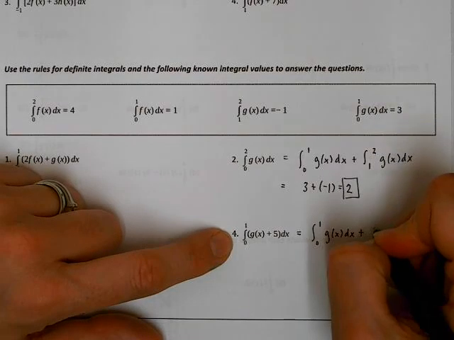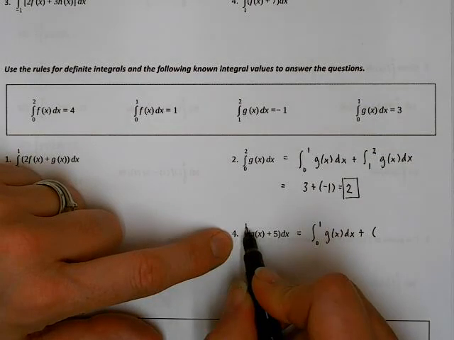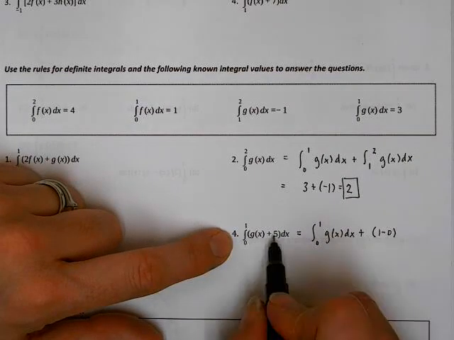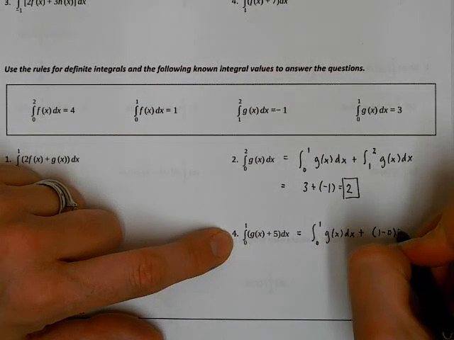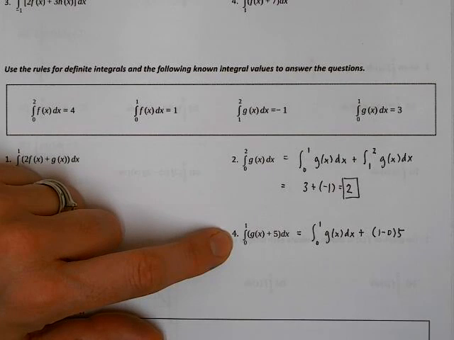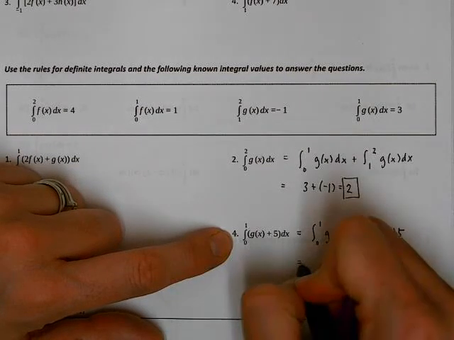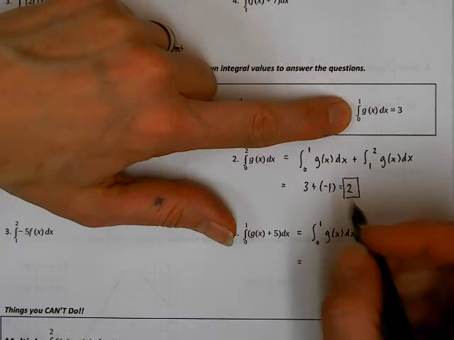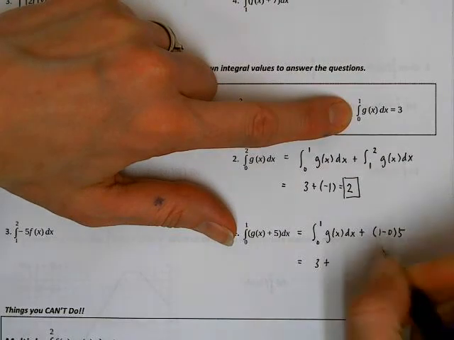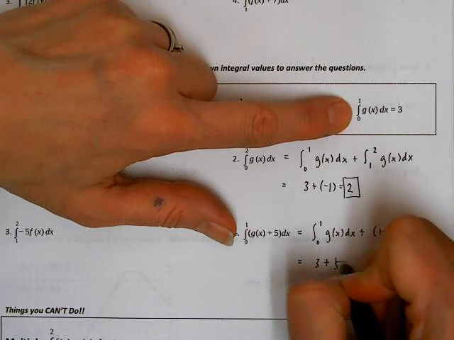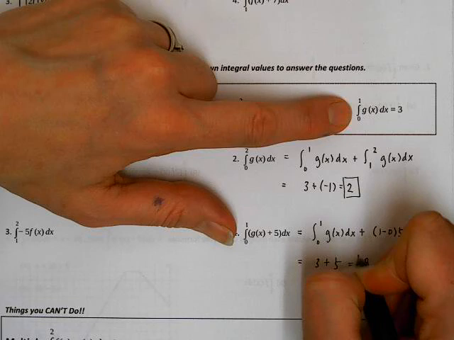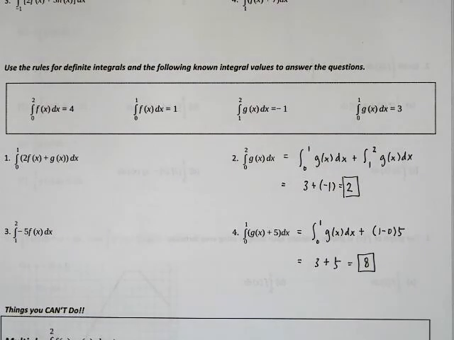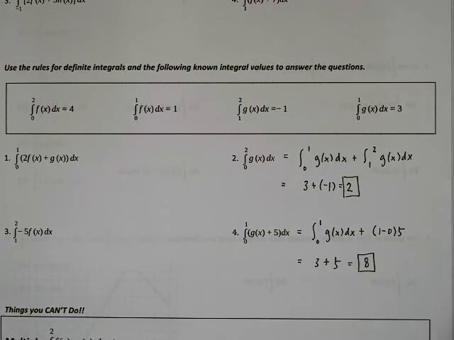The base of that rectangle was this length, 1 minus 0, times that vertical shift up of 5, which is the height. So the integral from 0 to 1 of g of x dx is 3, plus 1 times 5 is 5, and we get a value of 8. We'll fill in the other examples just for practice when we're back in class.